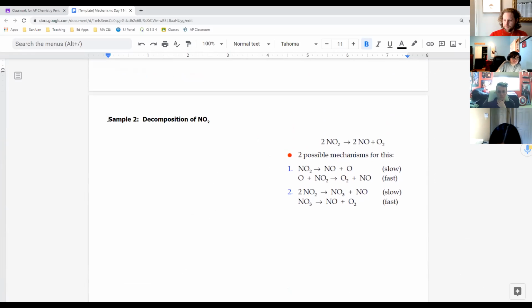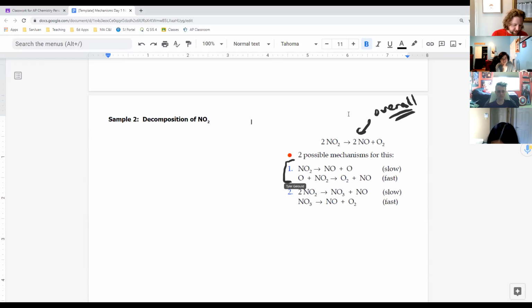So on your sheet, there's sample 2 on the one that's printed out or typed out for you. There's an overall reaction here. And then it's broken down into 2 possible mechanisms. You have the first potential mechanism, which is a 2-step mechanism, and a second mechanism, which is another 2-step mechanism.